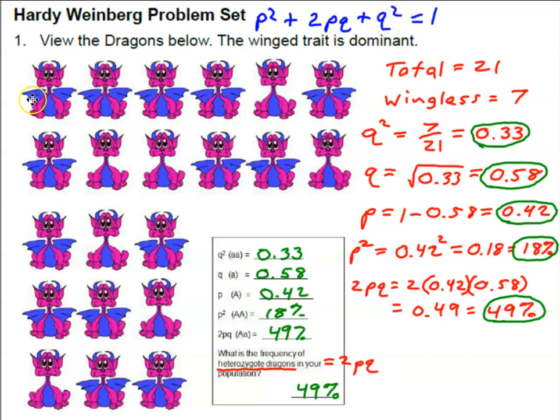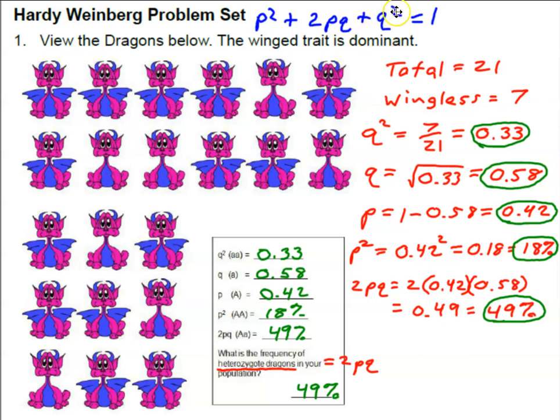So for example, in this population, by looking at these dragons with wings, you can't tell whether they're homozygous dominant or heterozygous, because either way they're going to show wings. The only ones whose genotype you know by looking at their phenotype are the homozygous recessives, and that's the q squared term in this equation.